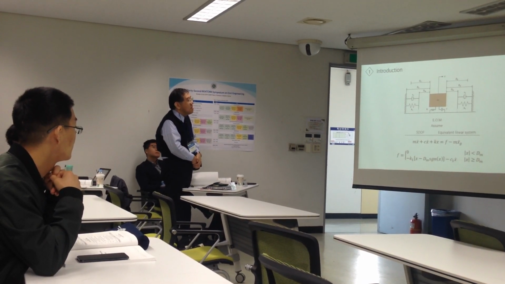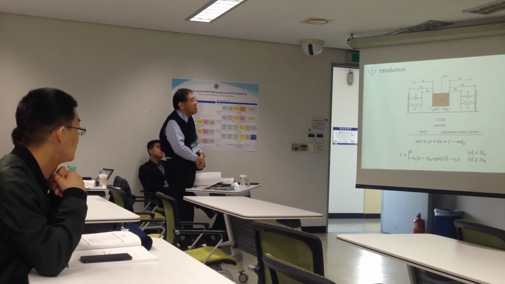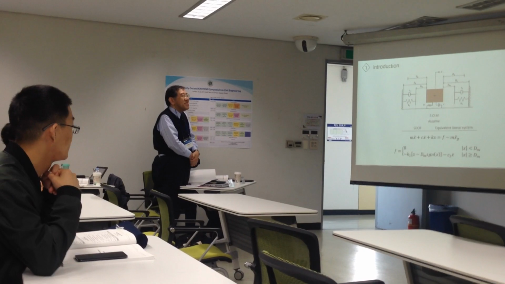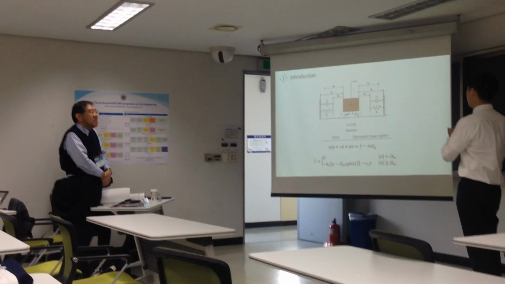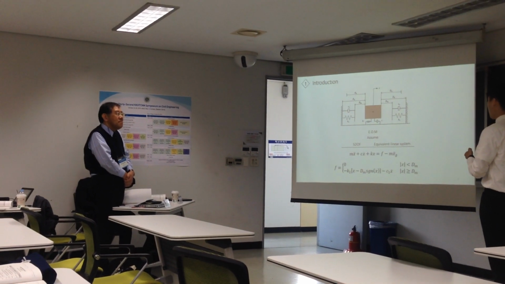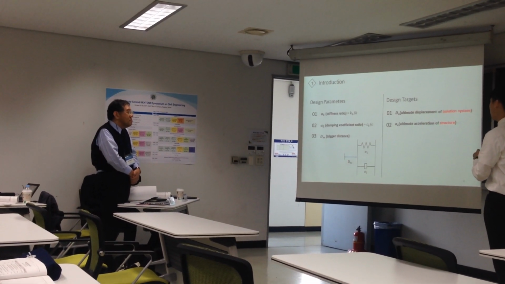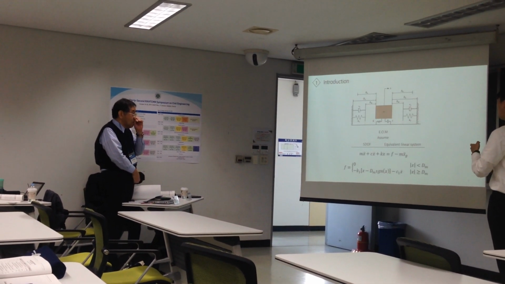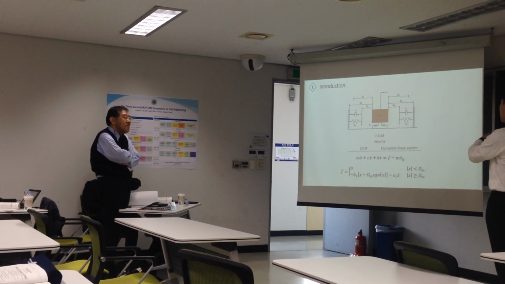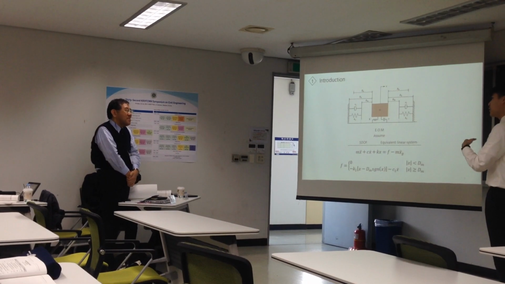Have you checked how dm influences the overall response? Yeah, but in this presentation, I just assume du to be 50 centimeters, and the dm I will further discuss in my thesis project. In this presentation, I just assume.